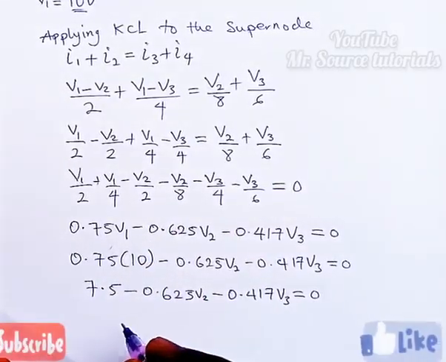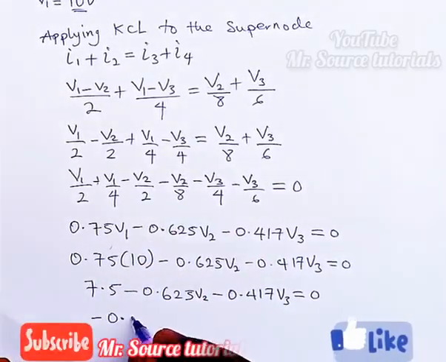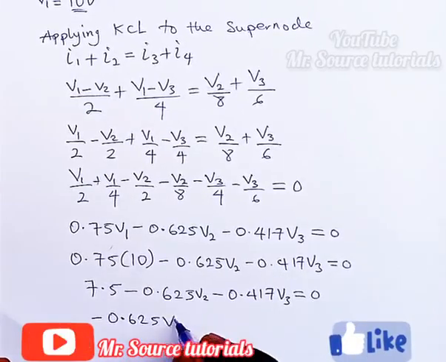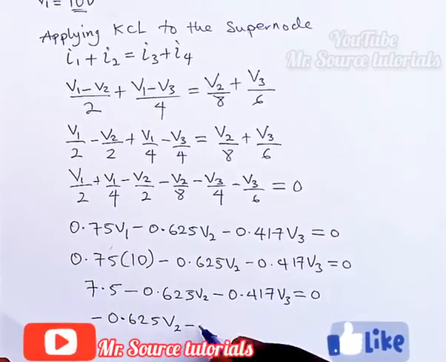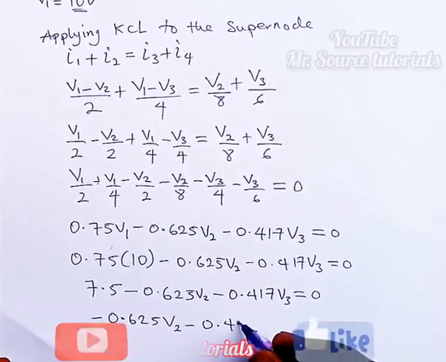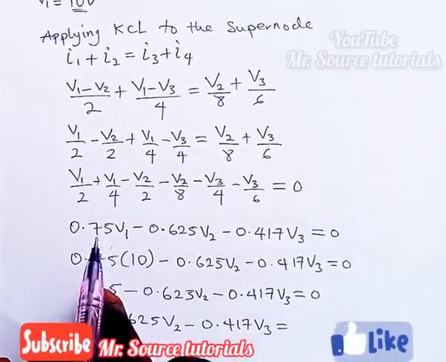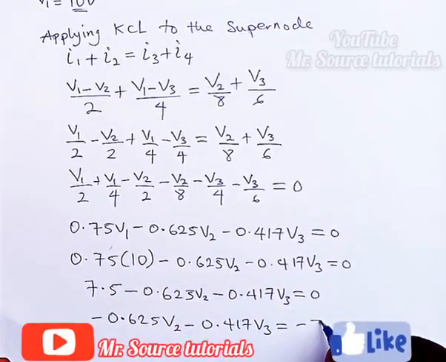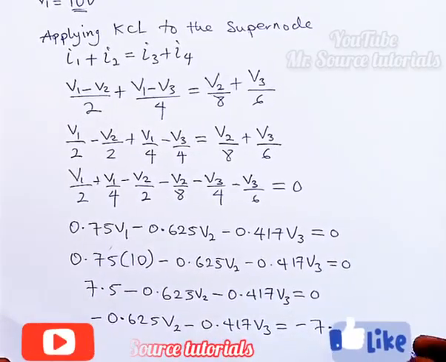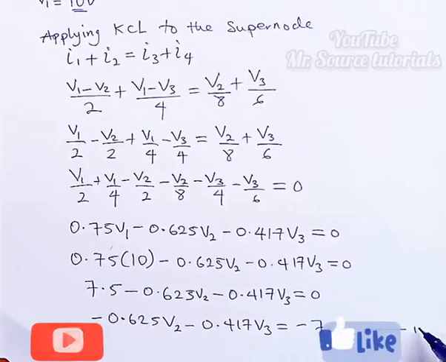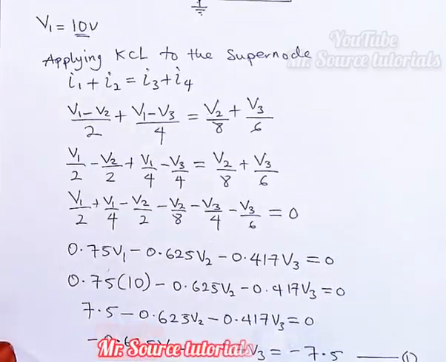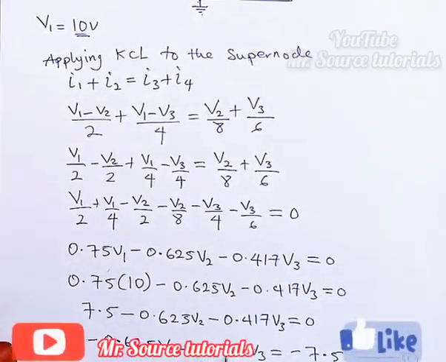It's going to give us minus 0.625 V2 minus 0.417 V3 equals negative 7.5. Call this your equation 1. You've just derived the KCL equation for the supernode.